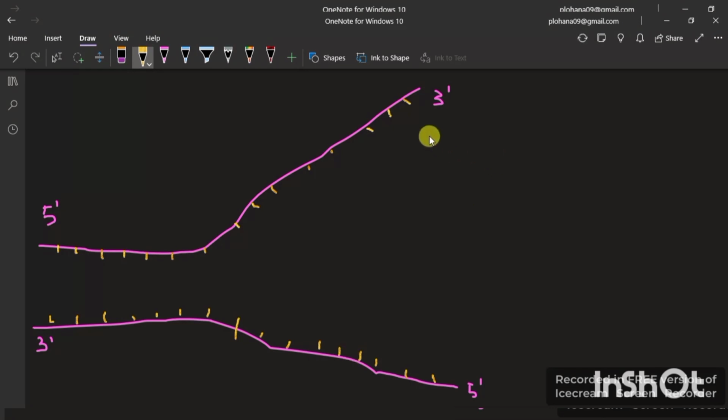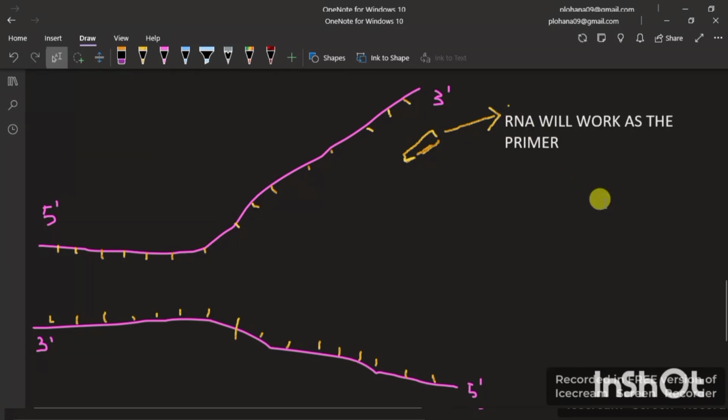So here I have to put something to make it double, so that DNA dependent DNA polymerase can come and start work. Let me write here an enzyme which is the primase enzyme. It will come and put here a piece of RNA. So RNA will work as the primer here.